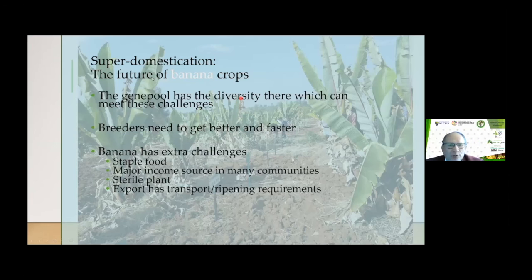So the future of banana crops: gene power has diversity which can meet the challenges that I talked about. Breeders need to get better, and banana has these major extra challenges for the breeders, including post-harvest things like transport and ripening, and the sterility and triploid nature.